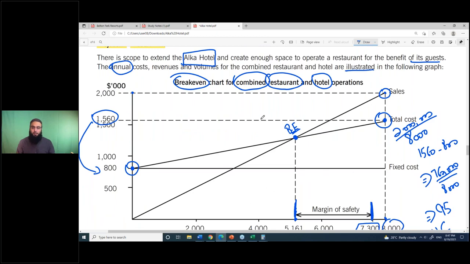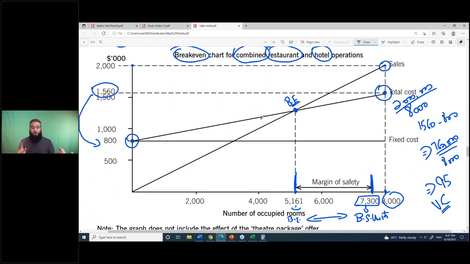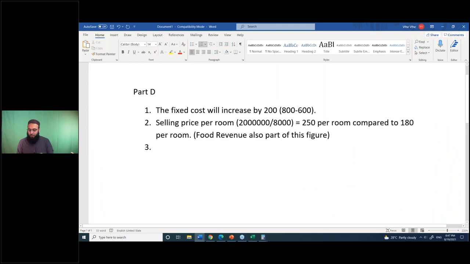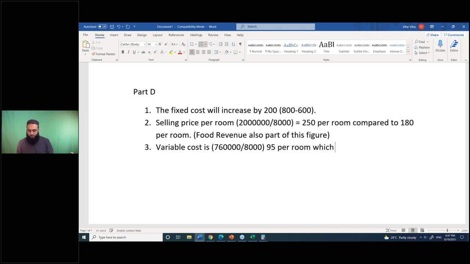Remember, there are 4 marks for the calculations as well, so you have to do calculations to quantify. You can write here, variable cost is 760 divided by 8,000, which is 95 per room, which has gone up from 60.